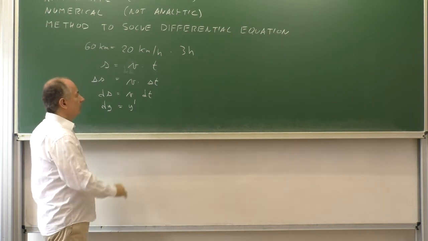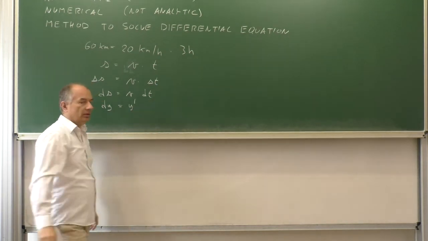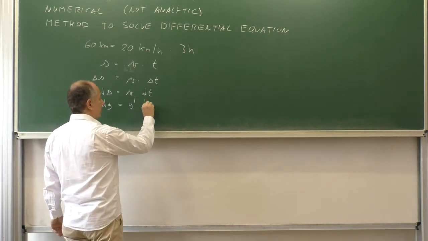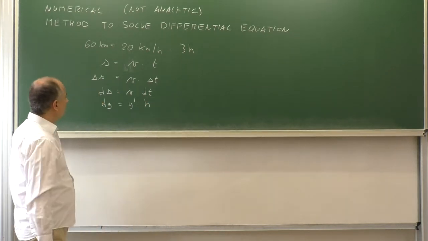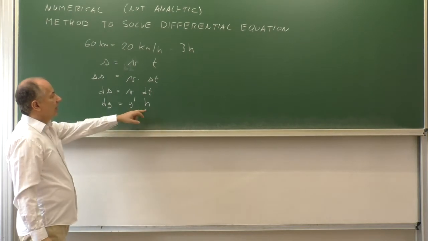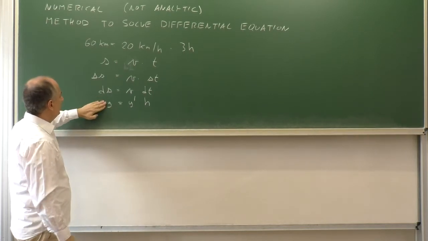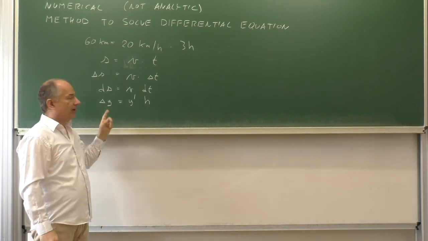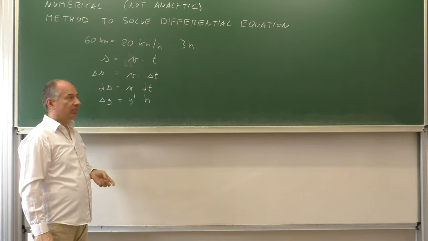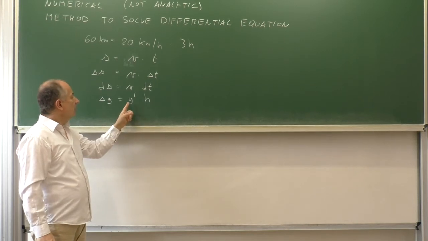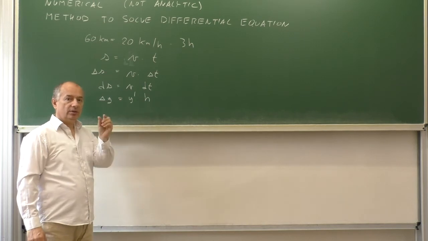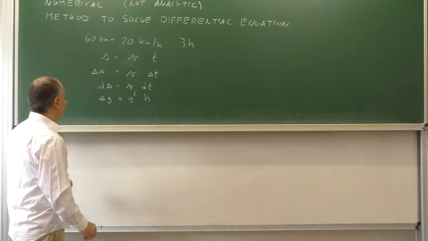And instead of small interval of time, we need the step size h. And if the step size h is small but finite, then we go back to the difference. So the difference of the dependent variable is approximately the derivative times the interval of time.